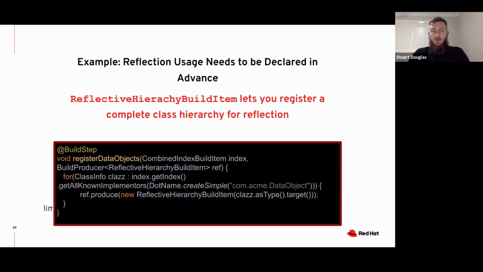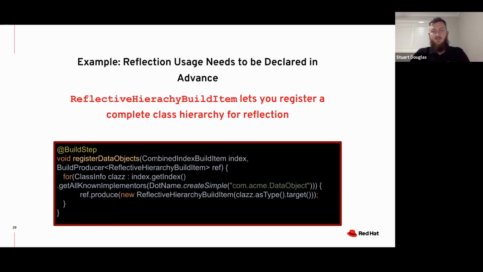One of the ones it provides is a reflective hierarchy build item. If you want something to be registered for reflection and want everything it touches to be registered for reflection, like if you are serializing it to JSON and your JSON library uses reflection, then you can just produce a reflective hierarchy build item, and that will tell Graal to register that class for reflection.